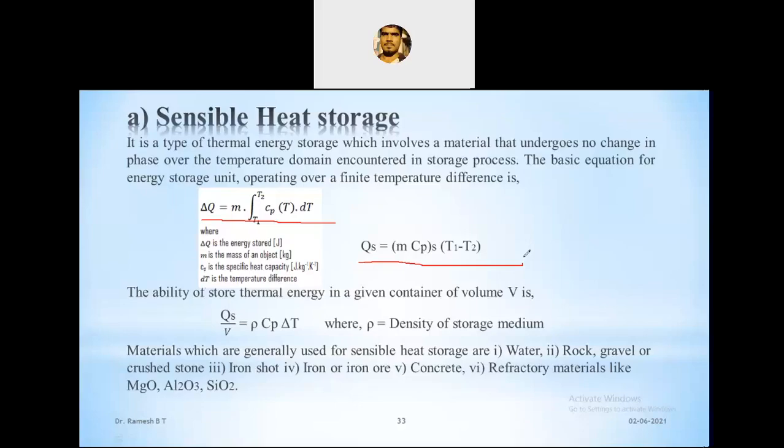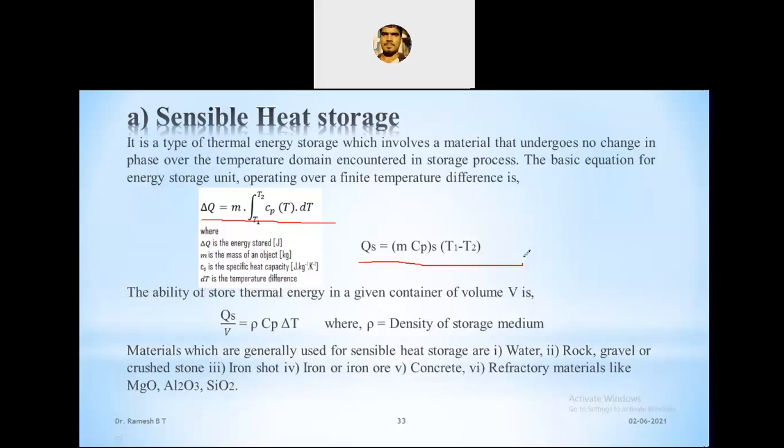The more the mass of the object, the more the energy. More specific heat, more mass and more change in temperature result in more energy storage. Clear?